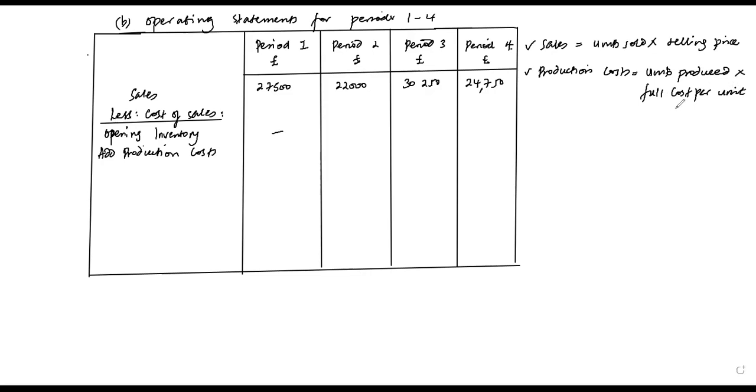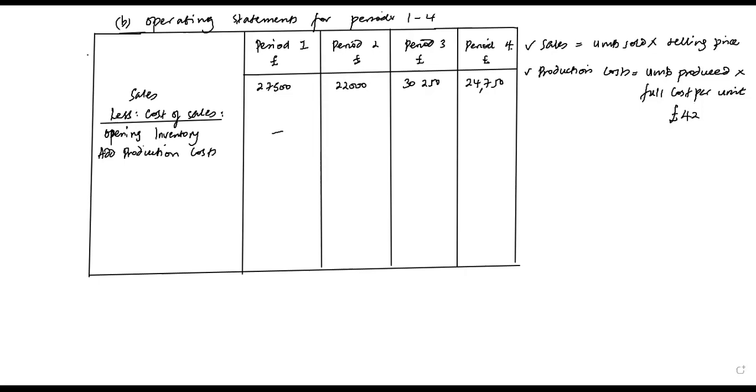And this full cost per unit is 42 pounds. We have computed that. In my introduction, I showed you how to come up with the full cost per unit, whereby we added the variable cost per unit with the fixed cost per unit to come up with 42. So what you'll do, simply get the units produced.